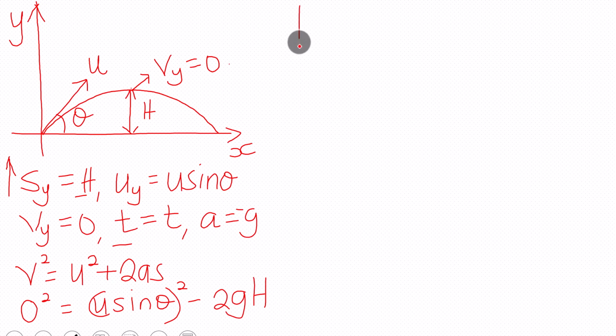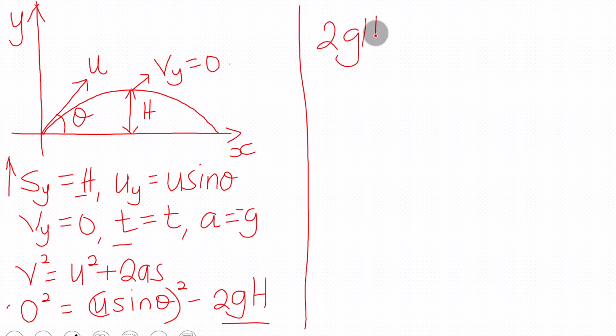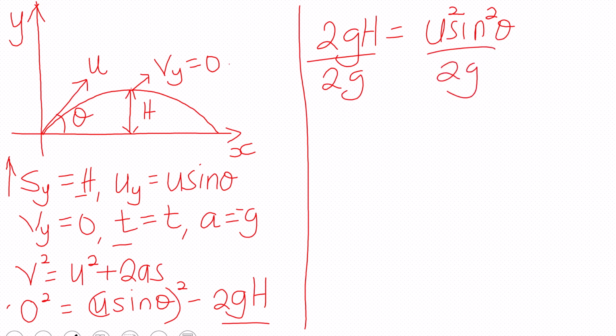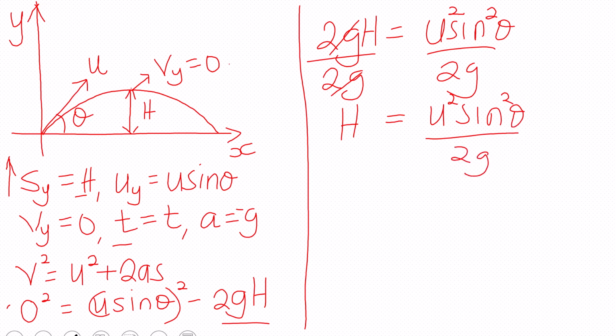So you realize that if I take this part to this side, I will have 2gh equal to u sine theta squared, and u is also squared. If I divide by 2g, I will have my h, which is the maximum height, equal to u squared sine squared theta over 2g. So this equation, you can always use it to calculate maximum height.